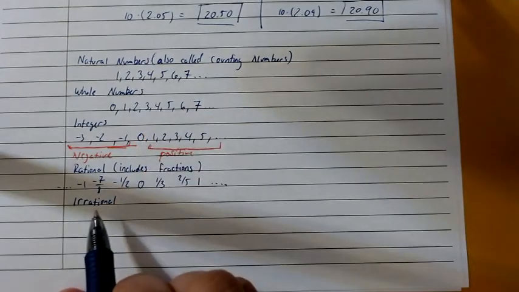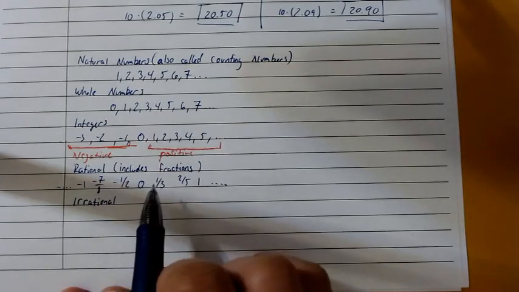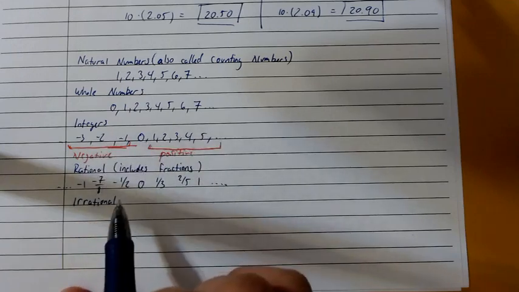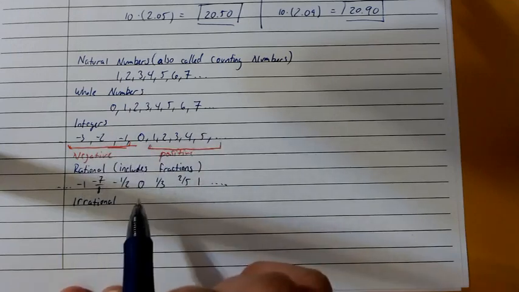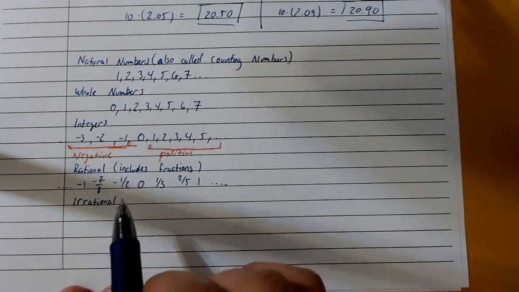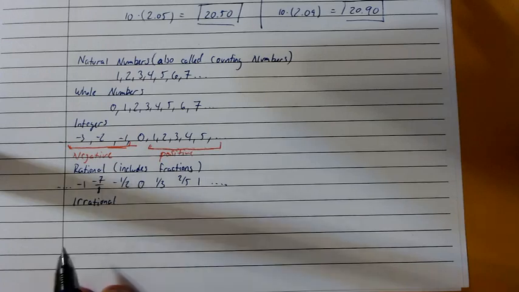The irrational numbers are basically any number that's not rational. You say, well, what does that mean? Any number that's not a fraction. Well, you just said that every integer is a fraction, so what else is there? Decimals? Well, 0.5 is a decimal, but that's the same as 1/2, and I know 1/2 is a fraction.